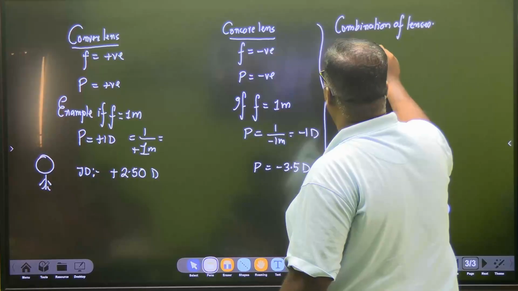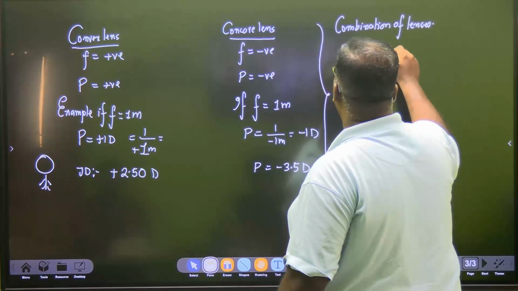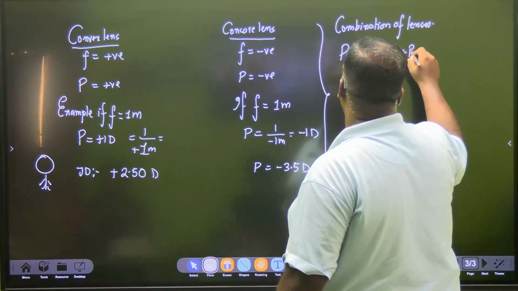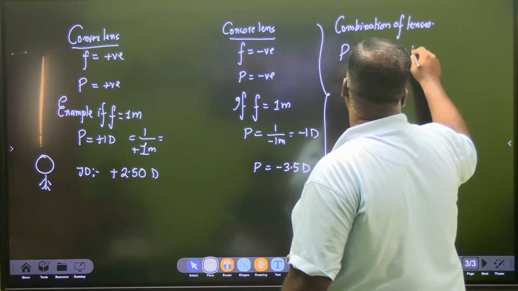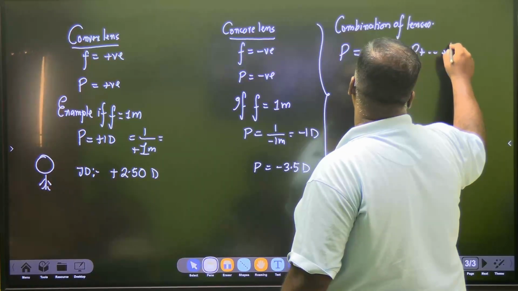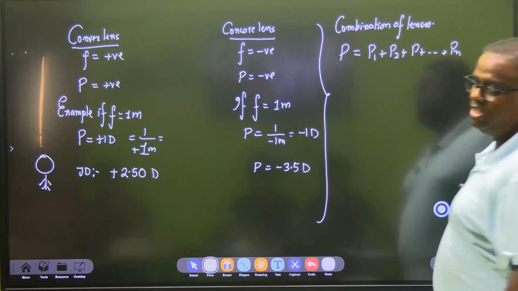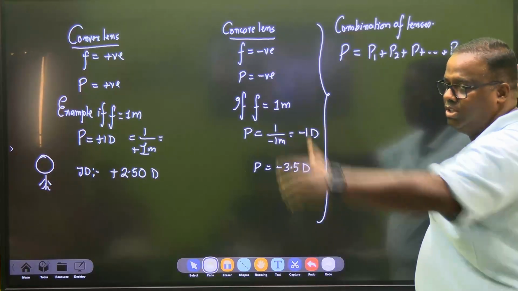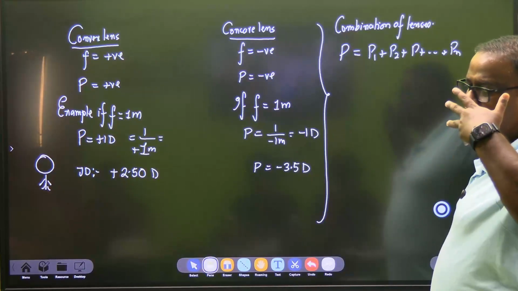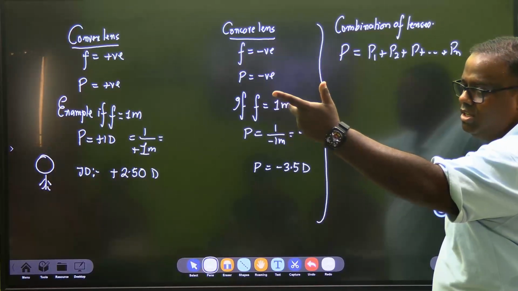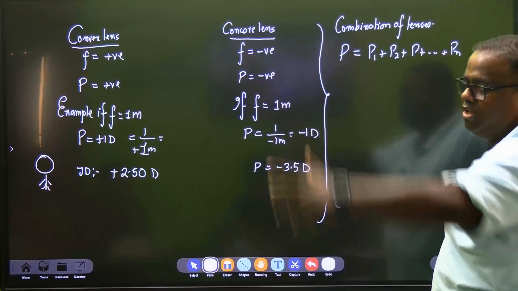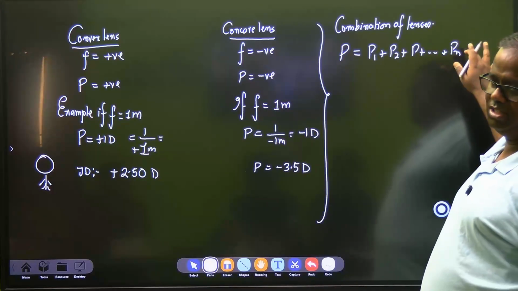The combined power of the lenses is P1 plus P2 plus P3 plus dot dot dot plus Pn. Did you understand this? Suppose n types of lenses you are combining serially one after the other. 2 convex, 3 concave, again 2 convex, 5 convex, 4 concave. It's just an algebraic addition.